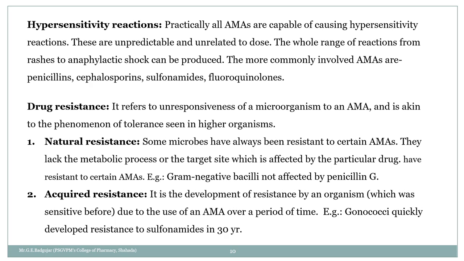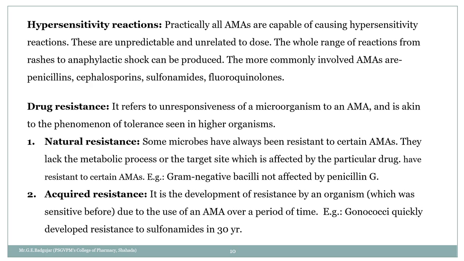Drug resistance. It refers to unresponsiveness of a microorganism to an antimicrobial agent and is akin to the phenomenon of tolerance seen in higher organisms. When a microorganism does not respond to an antimicrobial agent, that process is known as drug resistance. It may be natural resistance or acquired resistance.